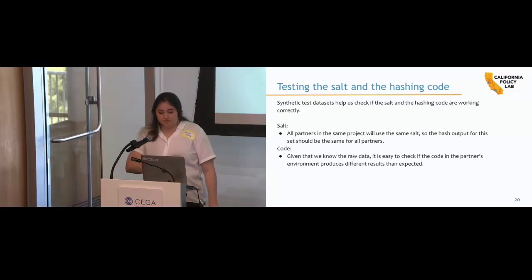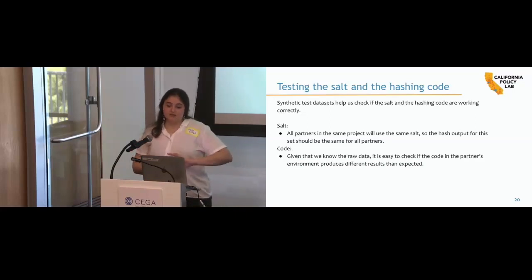So the scenario that I'm talking about here with testing the salt and the hashing code is the following. The partners have already agreed upon the salt. They have the hashing code on their machines. They have already pulled the data and they're ready to go into it. Because we cannot see, again, the data that they're hashing, we don't know anything really about their code.